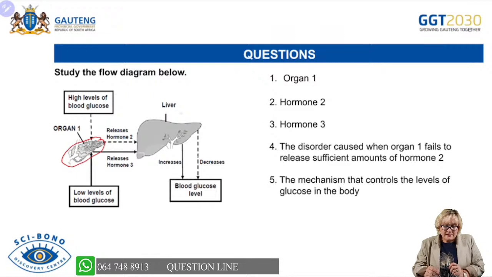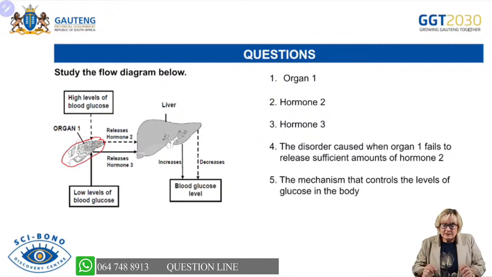The liver, they have labeled for us. And then they want us to say which hormones are released. And you know the pancreas is releasing what hormones? 2 of them. We know it's insulin. We know it's glucagon. And then they're just showing there's an increase in the blood sugar level and there's a decrease in the blood sugar level.